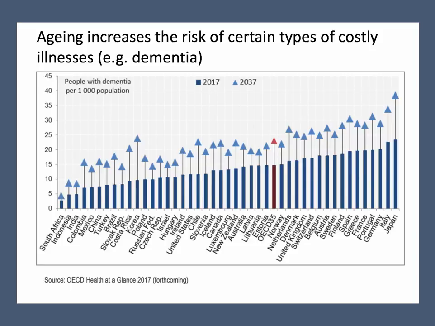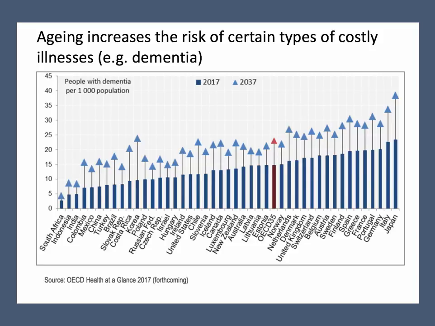This chart shows the estimated prevalence of dementia across OECD countries for 2017 and the forecast through to 2037. You can see that the percentage of people with dementia per thousand of the population is forecast to rise in virtually every country, and sometimes quite significantly.